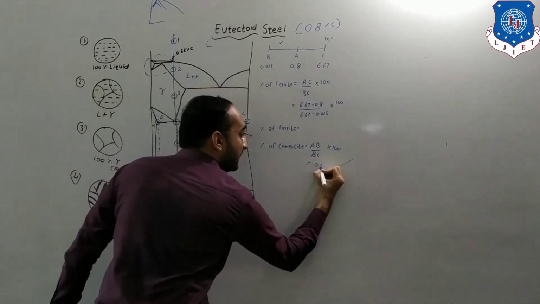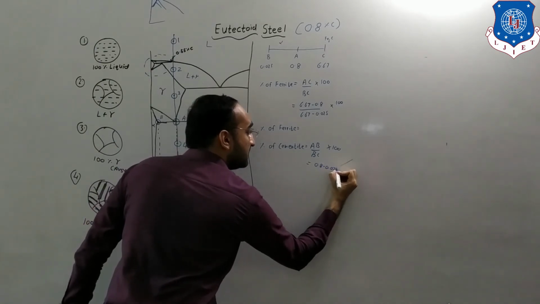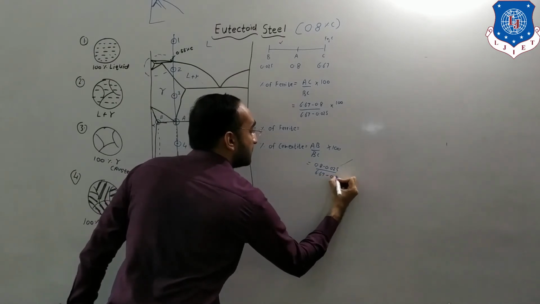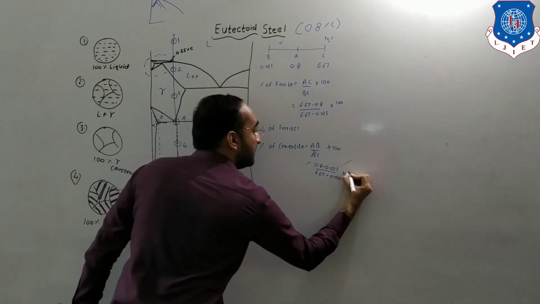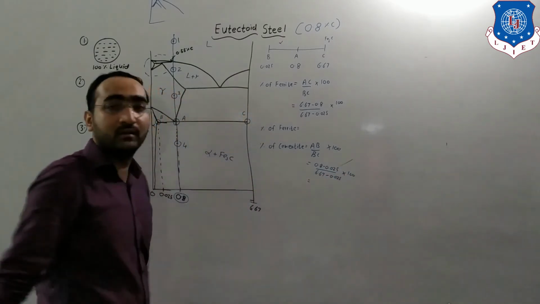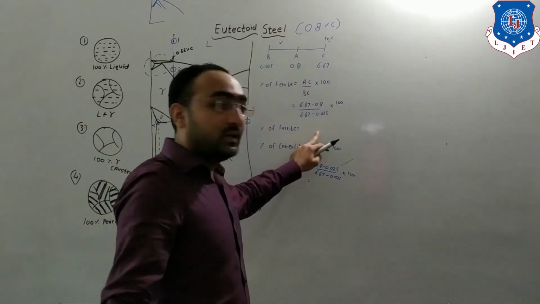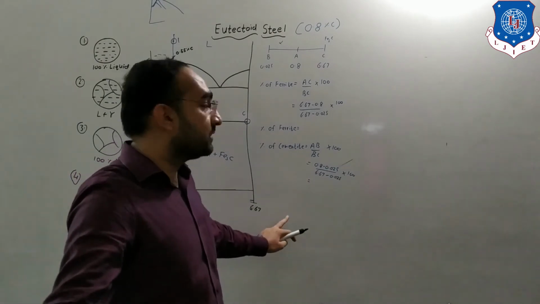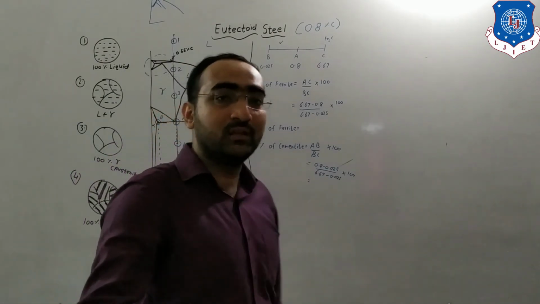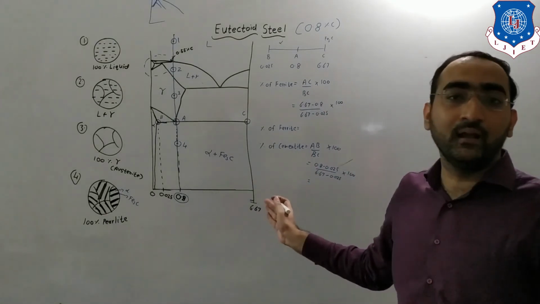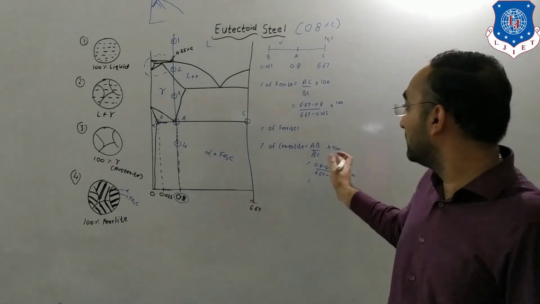That is 0.8 minus 0.025 divided by 6.67 minus 0.025, multiplied by 100. So by doing this, we can find the percentage of ferrite and the percentage of cementite.